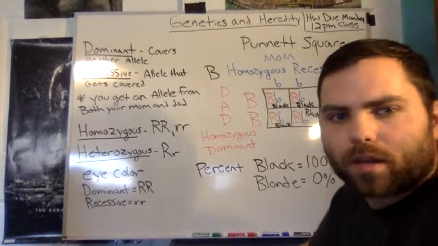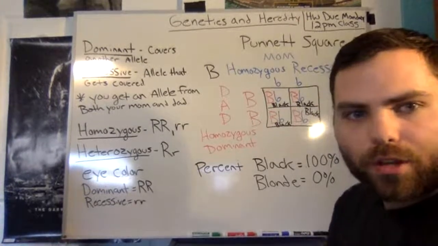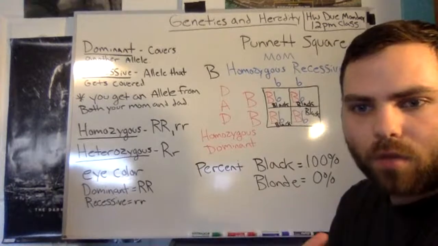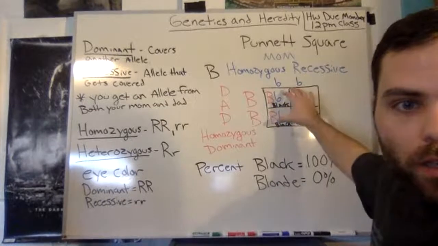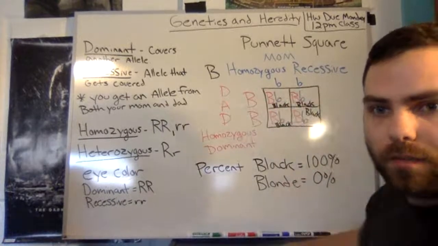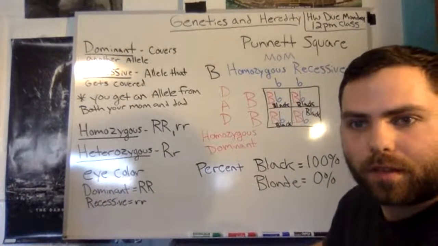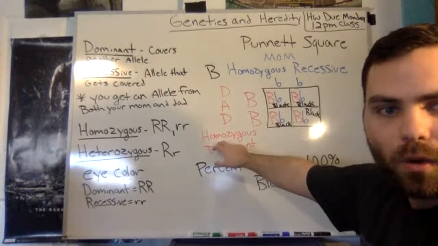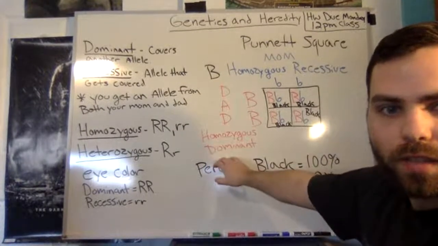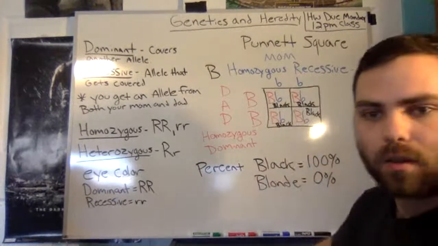I'll keep it to like 10 questions, where you just have to set up the Punnett square and then go from there. Make sure every time you make a new one. I'm going to give you some where I just give you the letters and you have to fill it in, or ones where I give you whether it's homozygous or heterozygous and whether it's dominant or recessive. Okay.